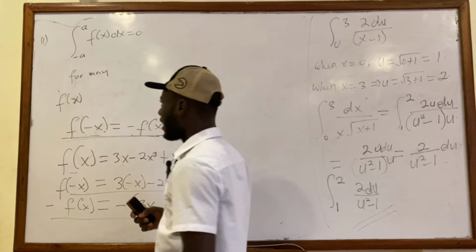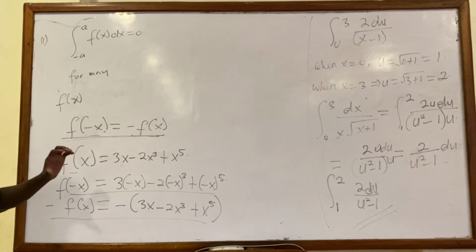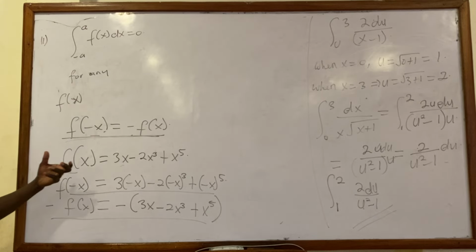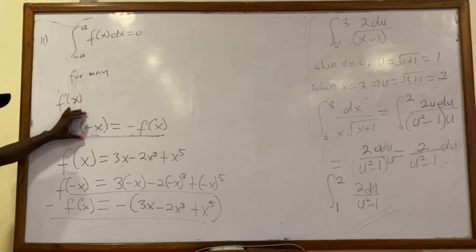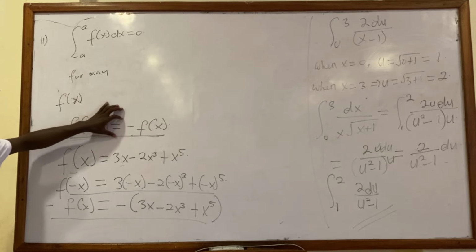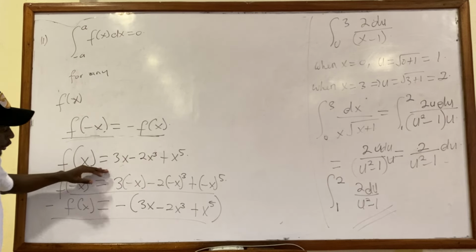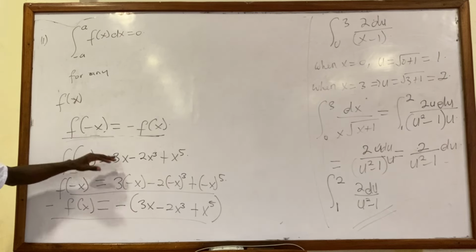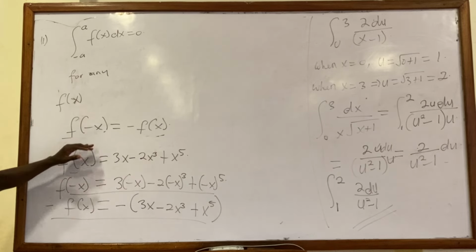So if you have a series of functions and you are to testify which of the functions satisfies this condition, you have to note that an odd function must satisfy this particular condition: f of negative x should be equal to negative f of x. When you look through the objectives, we can see that this particular function will satisfy the odd function condition.